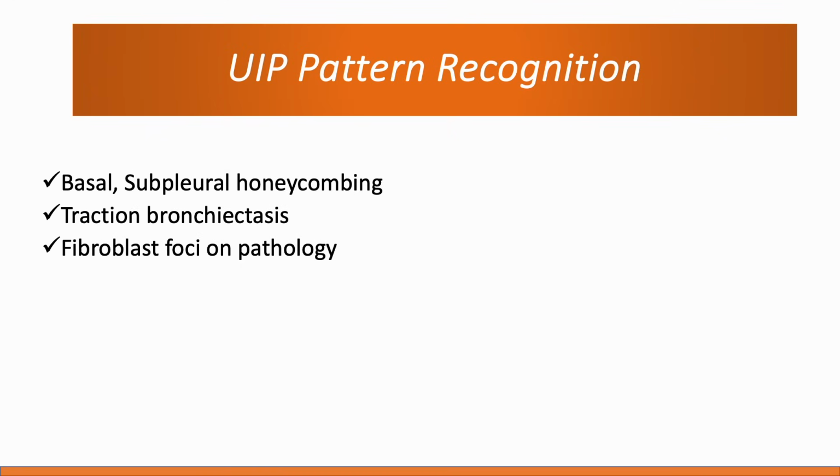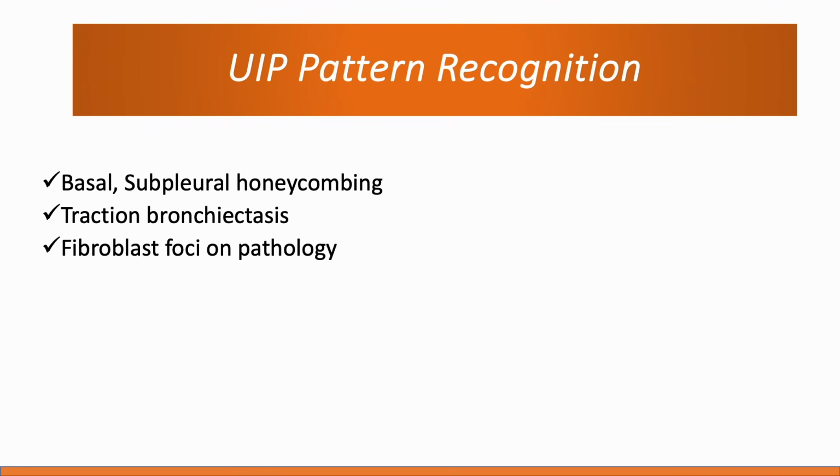So, here, remember three main characteristics of UIP pattern. Number one, basal subpleural. Number two, honeycombing. Honeycombing is characteristic of UIP, and it is honeycombing which segregates a UIP from a probable UIP. Traction bronchiectasis.